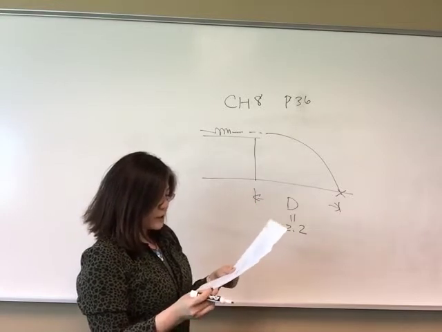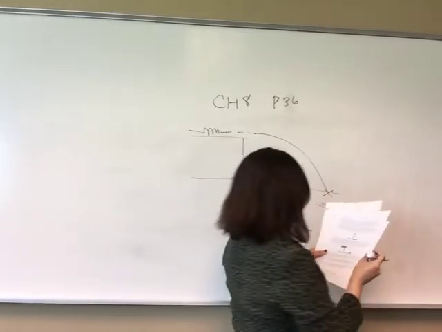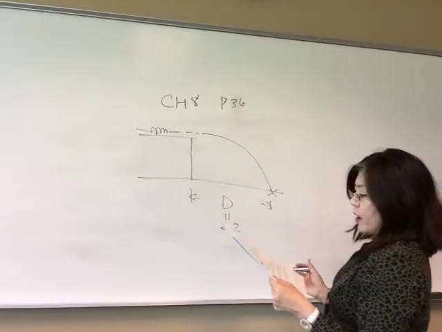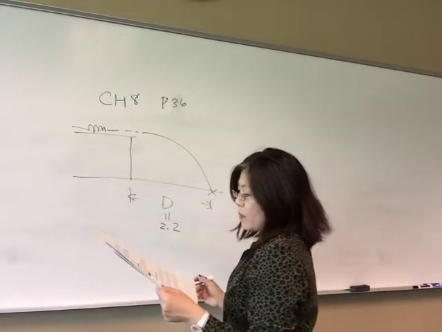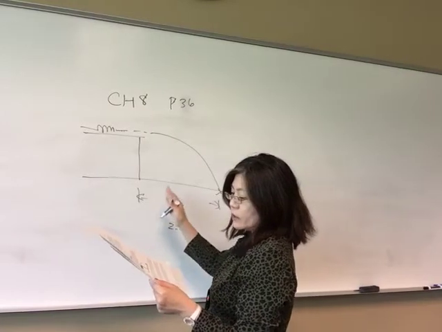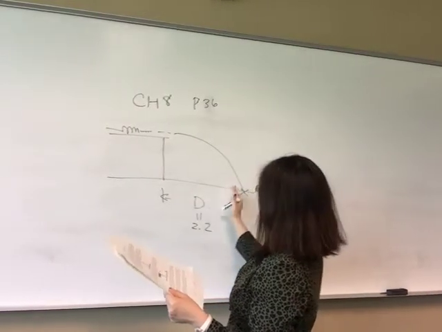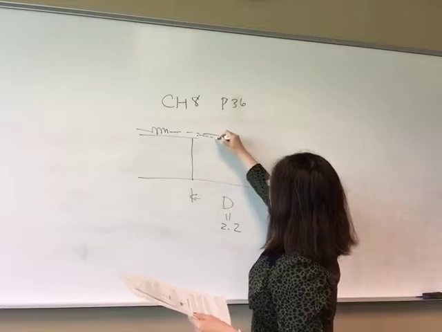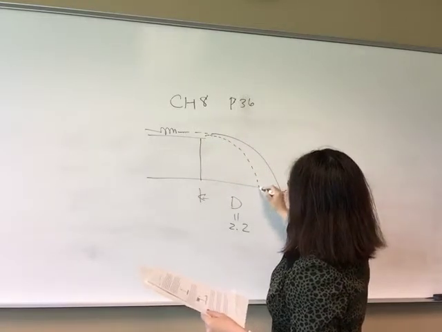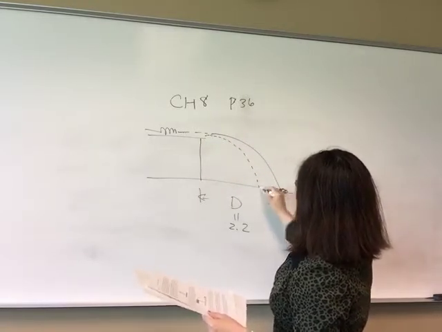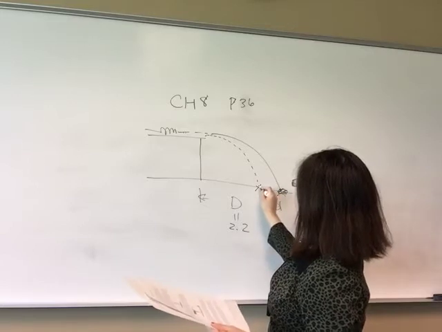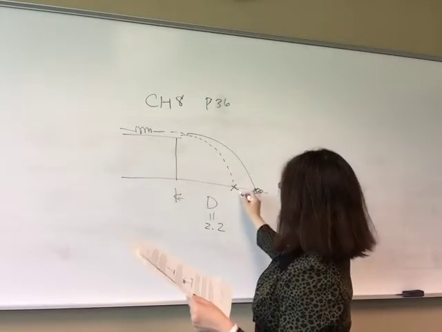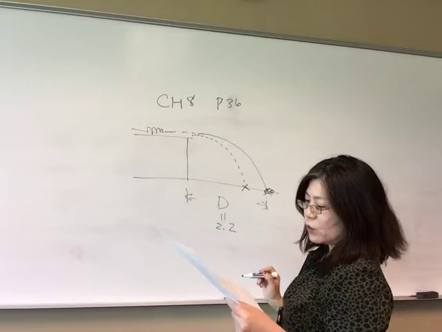Bobby compresses the spring 1.1 centimeters, but the center of the marble falls 27 centimeters short of the center of the box. So Bobby tried to hit the box here, but it missed the target. So it has a distance right here, and that's 27 centimeters short of the target.